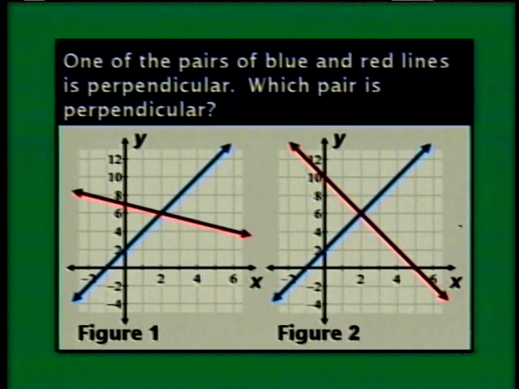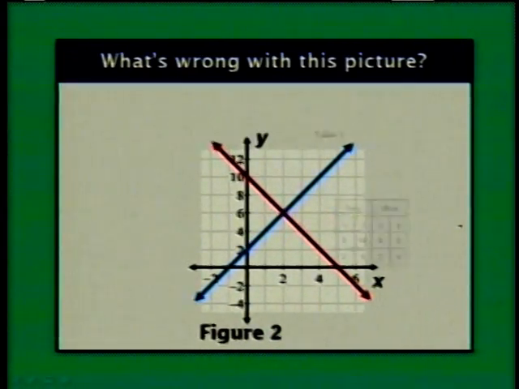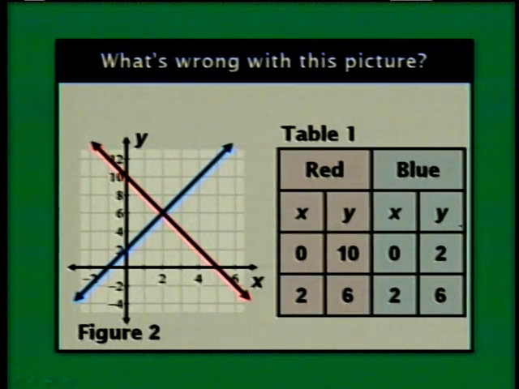Let's see what happens if we have a different scale on the y-axis than on the x-axis. Let's consider each graph separately. What I've done is I've gone ahead and indicated in the table a couple of points on the red line and a couple of points on the blue line.